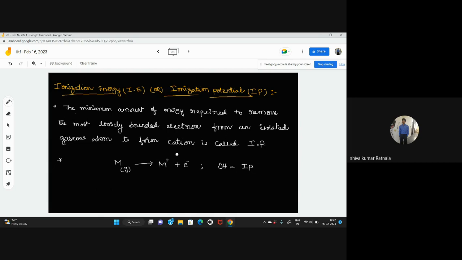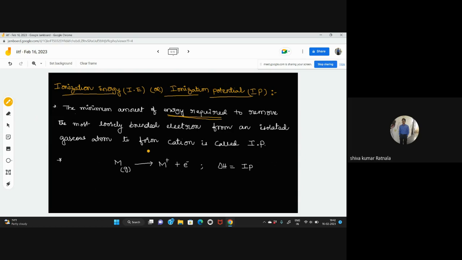This value, whatever value we are getting, will it be positive or negative? Positive, because energy is required; we are giving it heat.